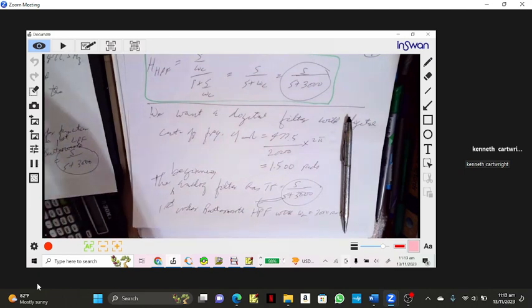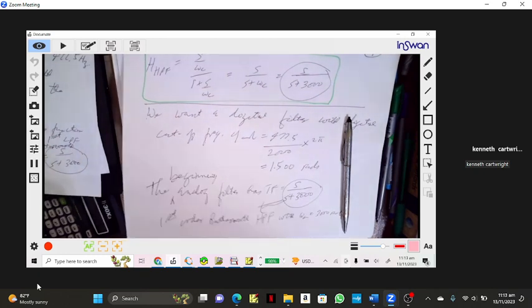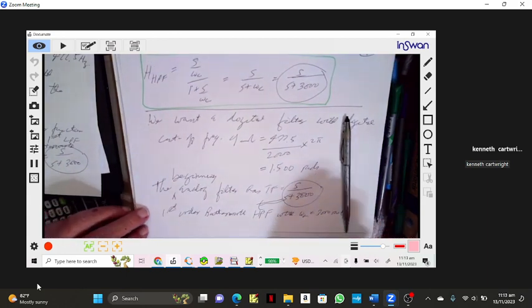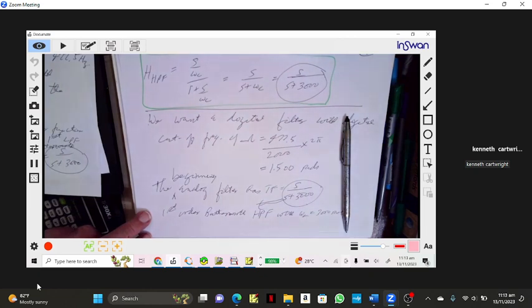I already showed you that, if you're paying close attention. Why can't we use bilinear transform on this? What will happen if we use a bilinear transform on this?